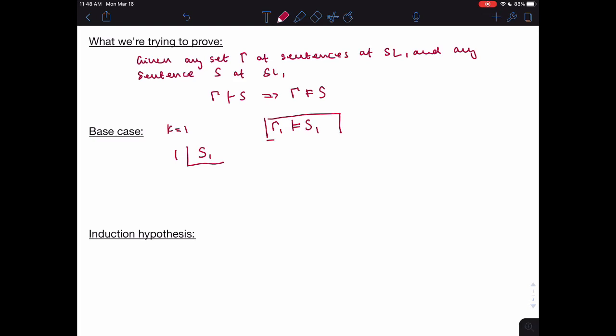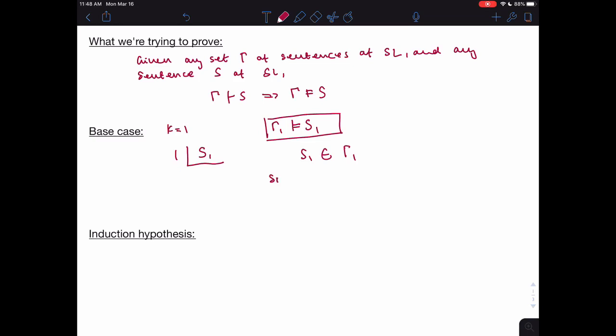And that'll show that the soundness theorem holds in this base case. That's going to be quite easy to prove because S1 is an open assumption that lies in its own scope. So we know that S1 is a member of gamma 1. In fact, we could say something stronger, that gamma 1 just is the set containing S1, but this is really all we need to show.